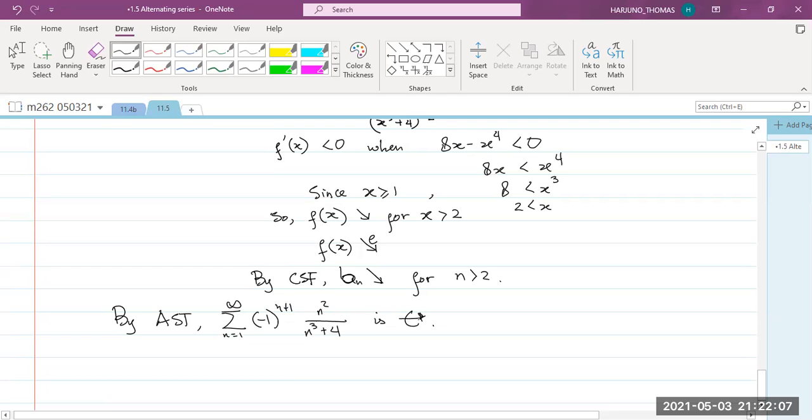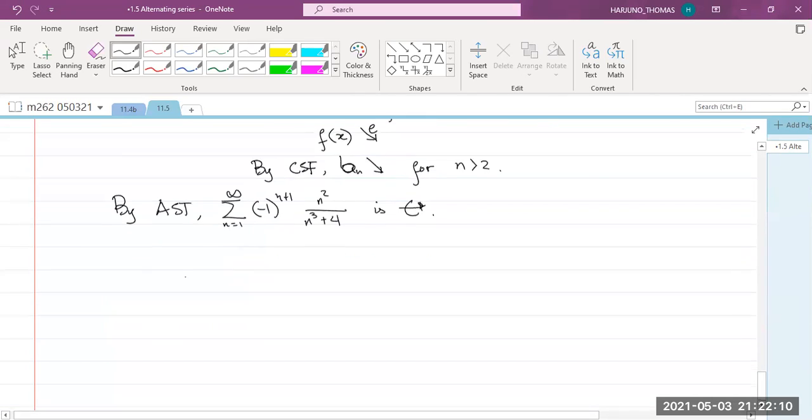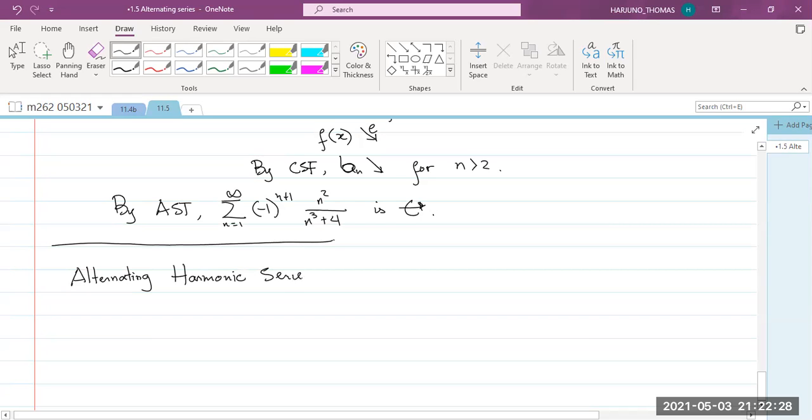Before we go on further, there's one important alternating series that we need to discuss: the alternating harmonic series. It is convergent.